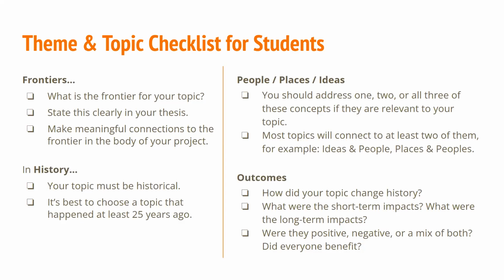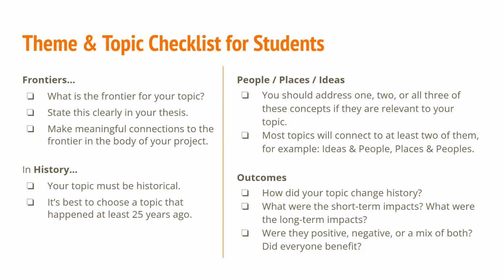And we really feel like most topics, they're going to be able to connect to at least two of those things: ideas and people, places and peoples, and maybe some topics they'll be able to address all three: people, places, and ideas. But we don't want them to forge an unnatural connection. We want them to use those theme concepts to really dig deeply into the topic and to be analytical.